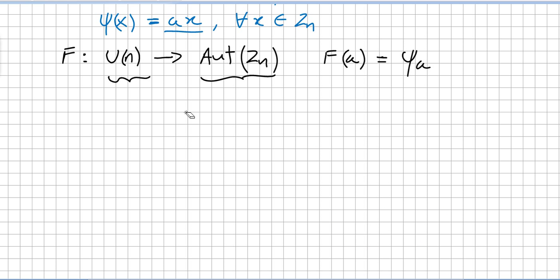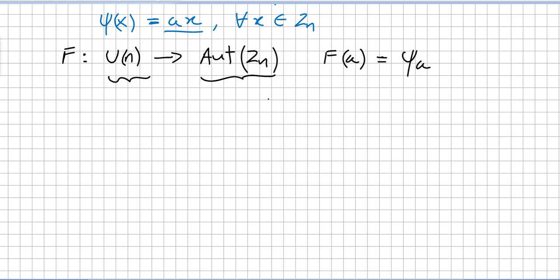My first argument is that this mapping is an isomorphism. First I have to say it's a mapping from the group of units to the automorphisms of Zn, under this f of a equals psi a.